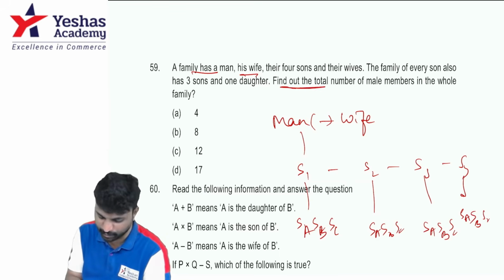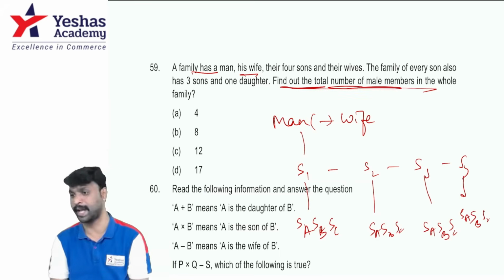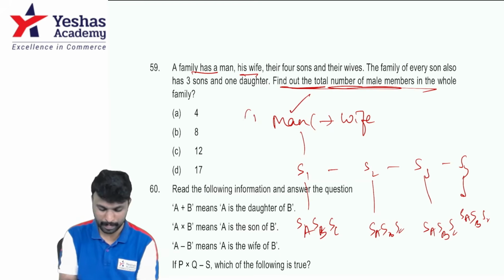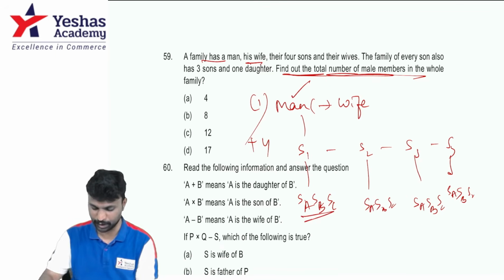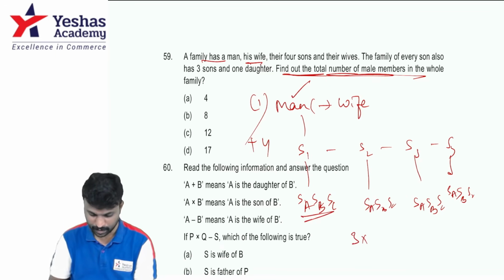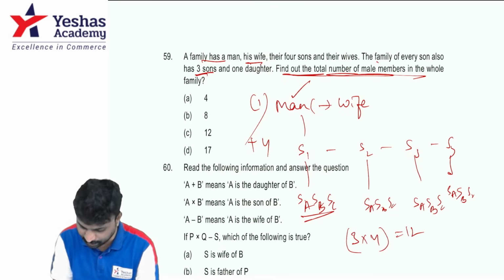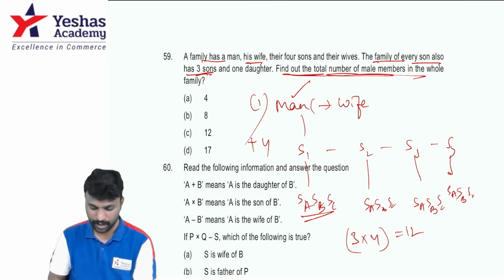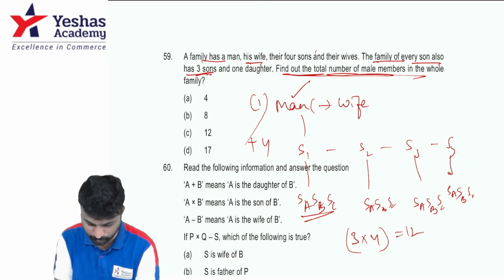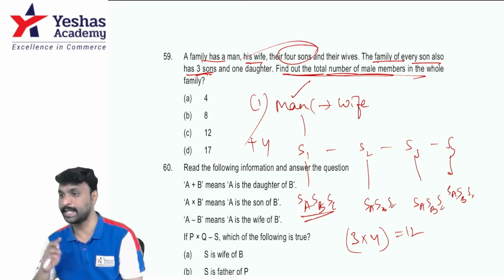The reason being, they're asking to find out the total number of male members. One male member over here, and four sons means obviously plus 4, and then three sons, 3 into 4 is 12, because the family of every son also has 3 sons. So 4 sons have got 3 sons each.